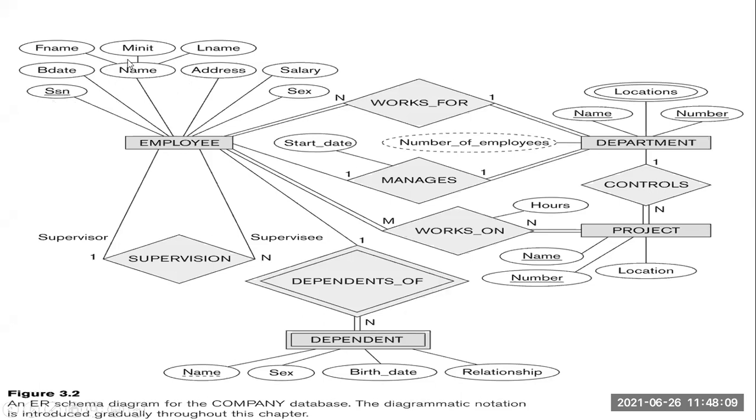Then for this entity, one more attribute is the name, which is classified into the first name, the middle initial name, and the last name.